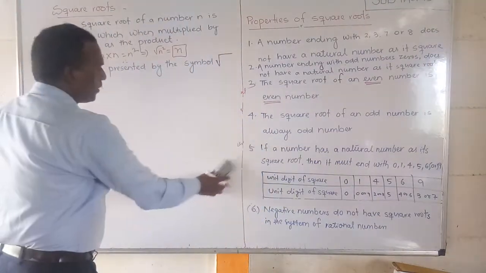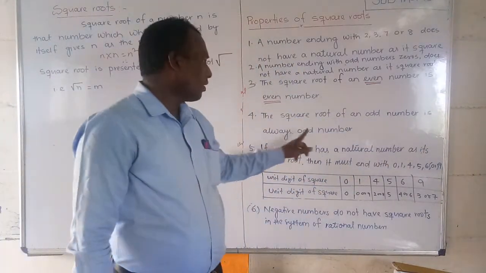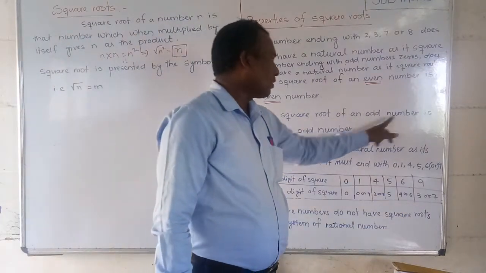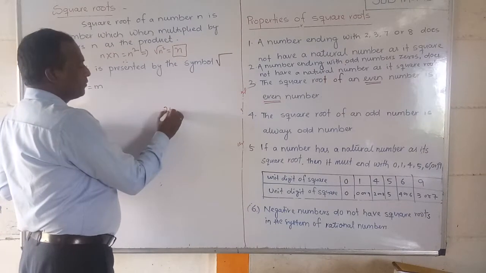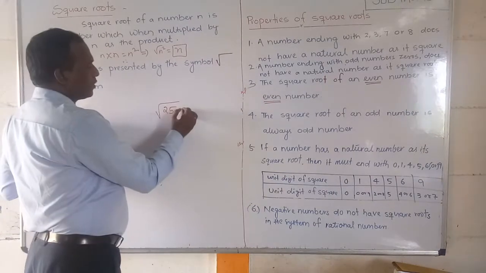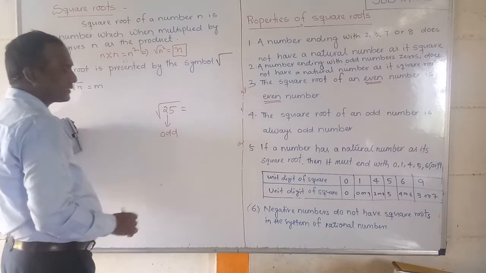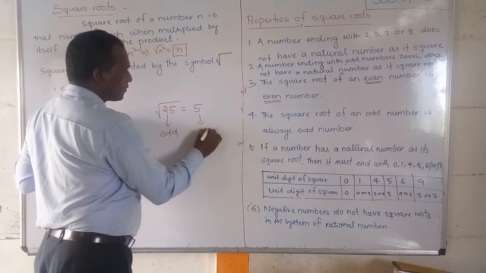Next point: the square root of an odd number is always an odd number. Suppose 25. Root over 25: 25 is an odd number. Yes, so how much will its square root come? 5. This is also odd.